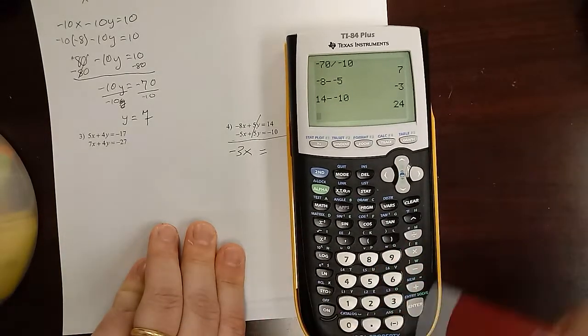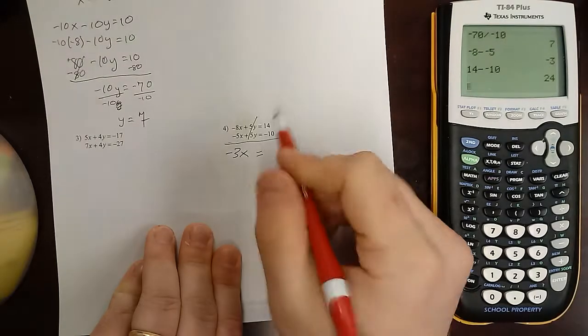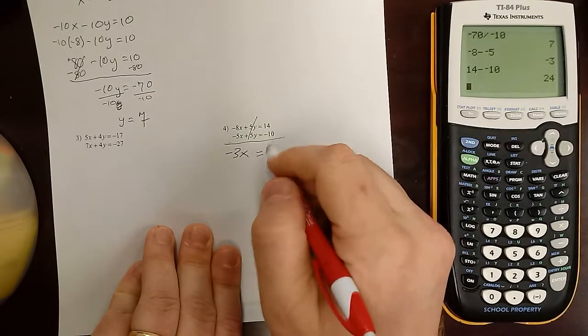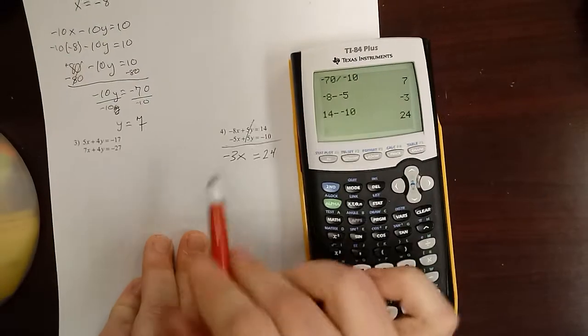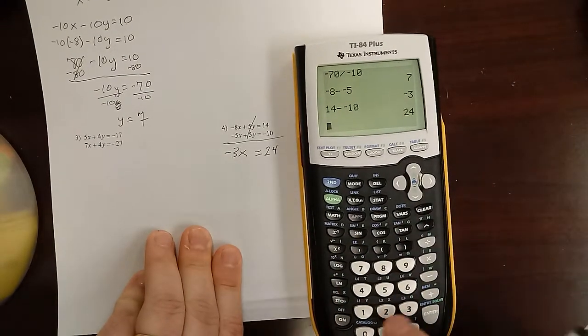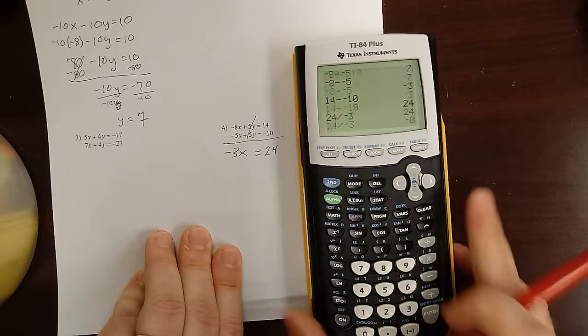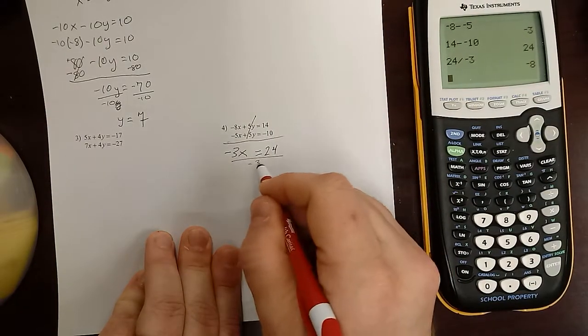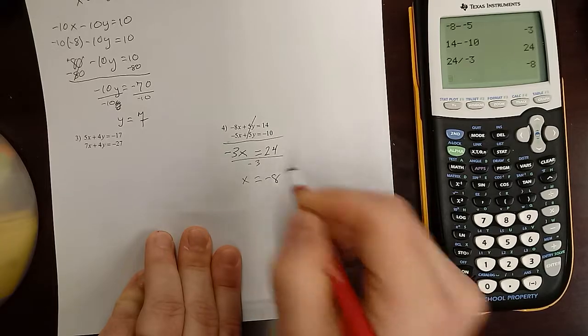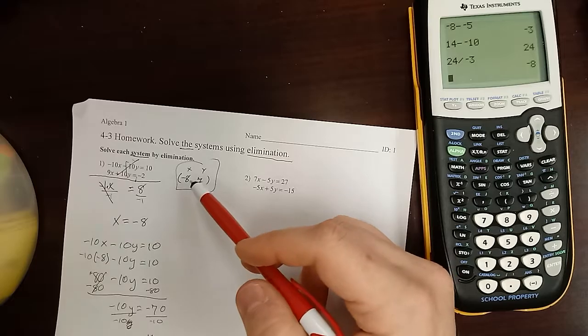Remember that when we subtract a negative, it's the same as adding. It's the same as doing 14 plus regular 10. So now I have negative 3x is equal to 24, and I'm going to take 24 divided by negative 3 to get negative 8. So x is equal to negative 8.